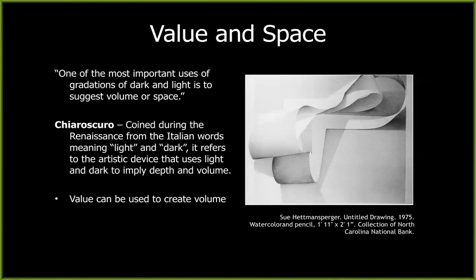And that's one of the things that we use value for quite a bit in all of art. Chiaroscuro is a Renaissance term that describes the artistic device that uses light and dark to imply depth and volume. And we see that in this example.